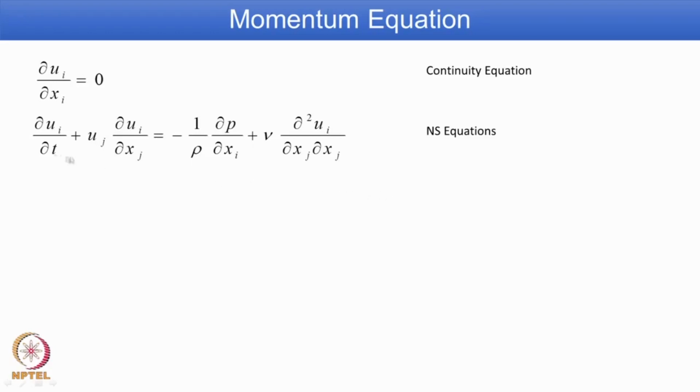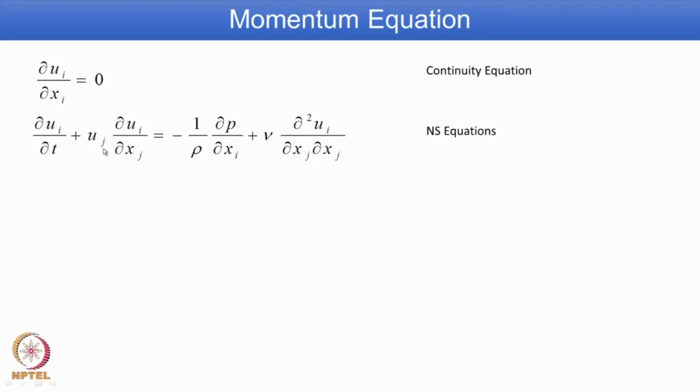Now, in this equation u_i is only one term. Here again the next term is u_j ∂u_i/∂x_j. In this term u_i appears only once, whereas the j index appears more than once, twice.